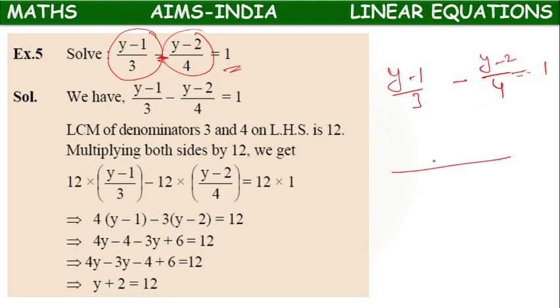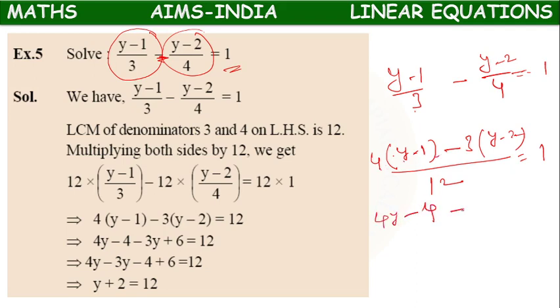Here the LCM of 3 and 4 is 12. 3 fours are 12, 4 into numerator (y minus 1), minus 4 threes are 12, 3 into numerator (y minus 2), equals 1. 4 into y is 4y, 4 into 1 is 4, minus of 3 into y is 3y. Because of the minus, the middle symbol will change. It will become plus, 3 twos are 6. This 12 will go to this side, 12 into 1, 12.